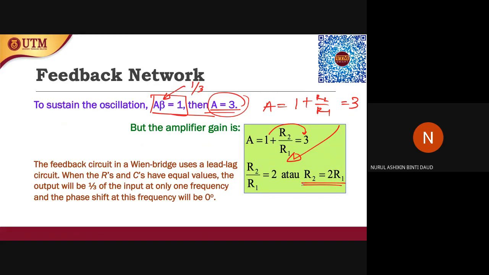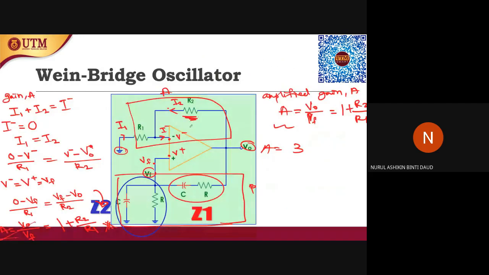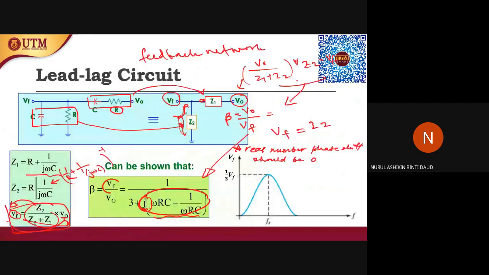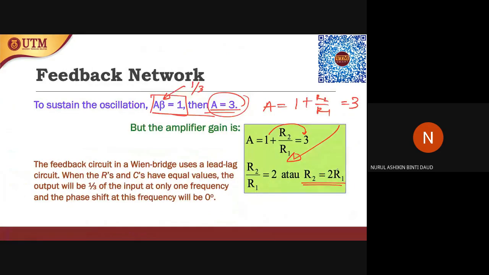R2 is this resistor here. So R2 will always be 2 times larger than the resistor R1, in order for the amplifier gain to be 3.